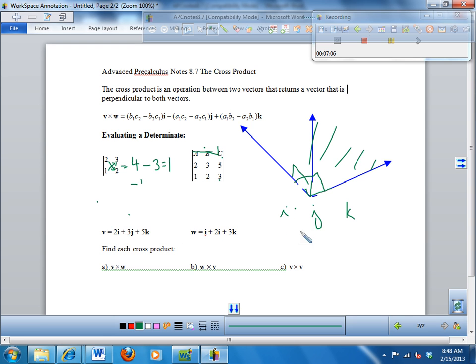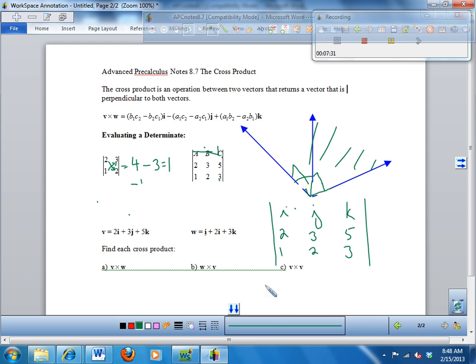So if I want to do V cross W, I'm going to put 2, 3, and 5 there, and then 1, 2, and 3 there. And that's my determinant. Then I cross out, like that.